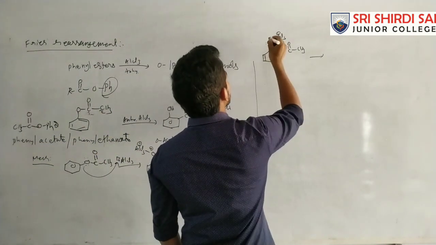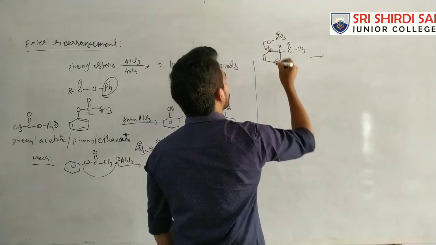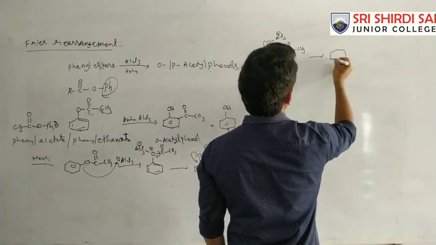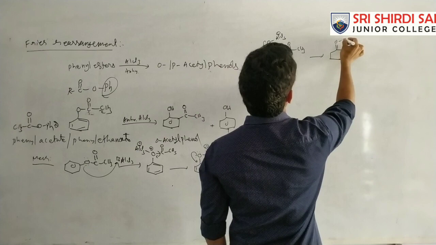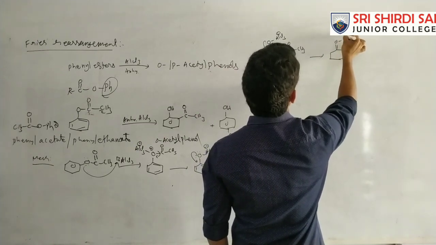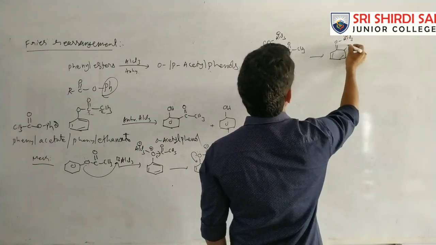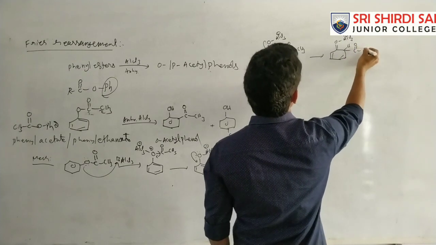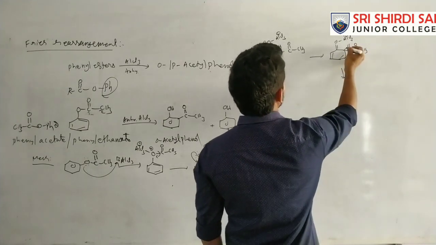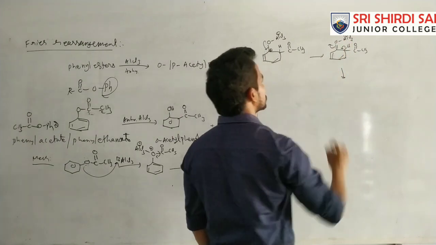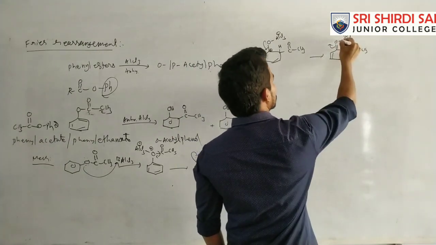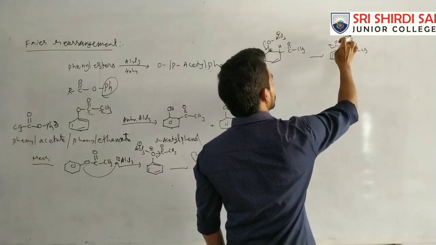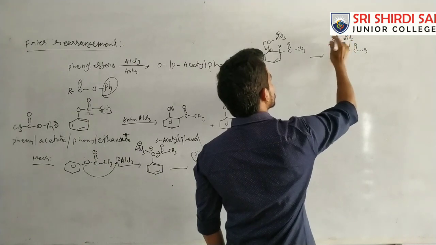Now in this case, this one forming pi bond. So double bond O, AlCl3 minus, pi bond, C=O, CH3. Next here, breaking of the CH bond, the oxygen gains electrons, and here, oh sorry, this one carries a positive charge.